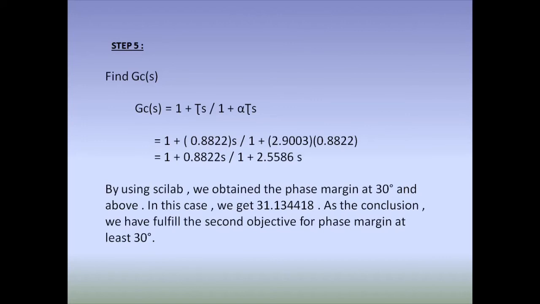Next we move to step 5, which is actually the last step. In step 5, we need to find the value of Gc(s). The formula for Gc(s) is 1 plus tau s over 1 plus alpha tau s.